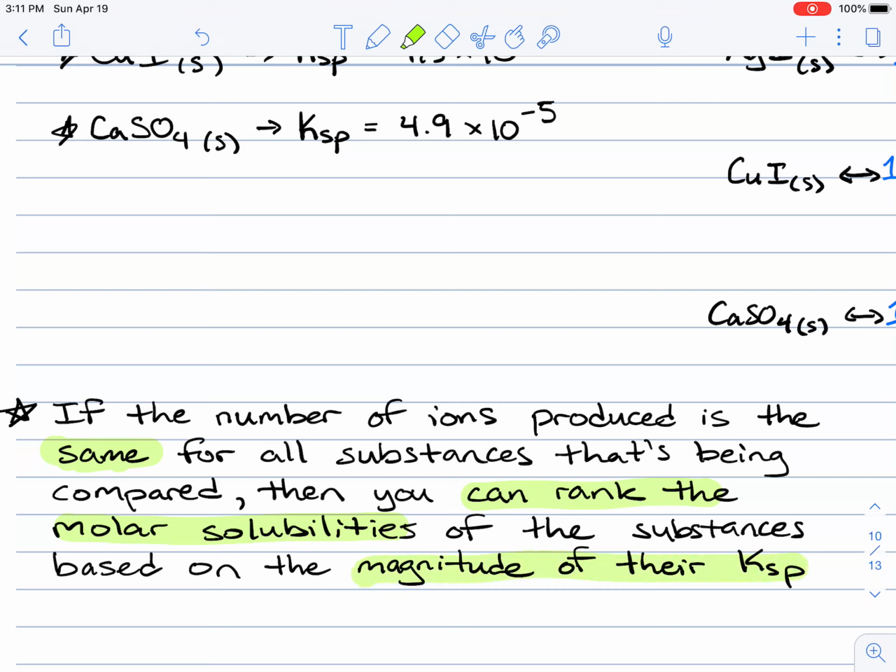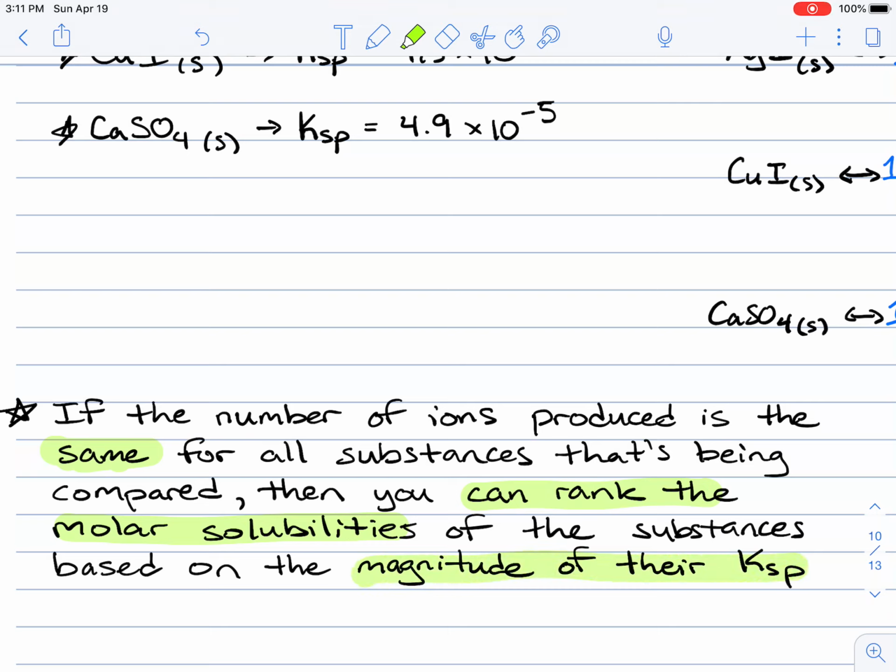To determine the molar solubilities, we're going to do it the long way. So here we have AgI, and we know that it's going to produce Ag plus and I minus. I'm not going to write the physical states of matter; everything is aqueous on the right-hand side. Here I have the ICE table. Some small fraction of the starting material, the silver iodide precipitate, is going to dissolve to produce silver and iodide.